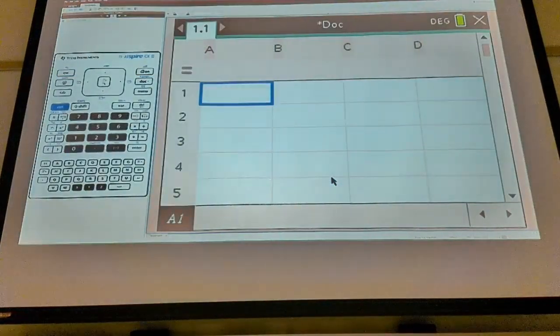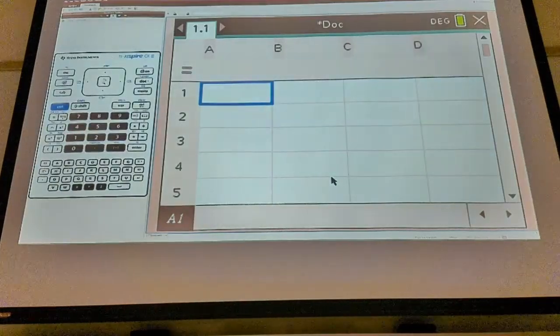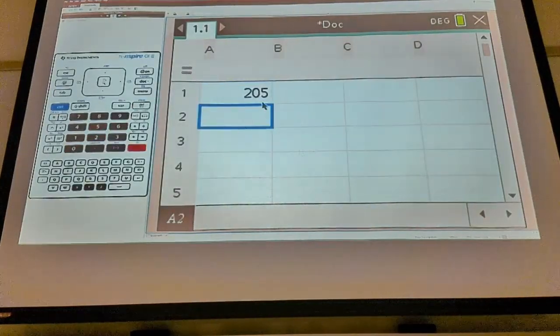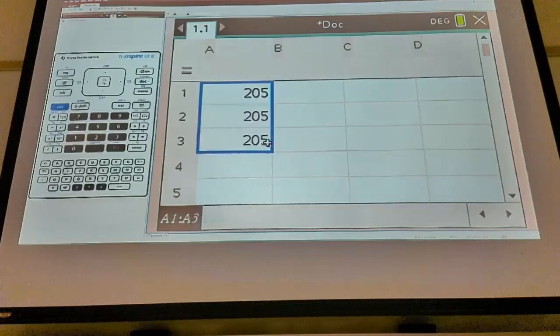I'm going to create a new list and enter my data. I love the TI-Nspire.